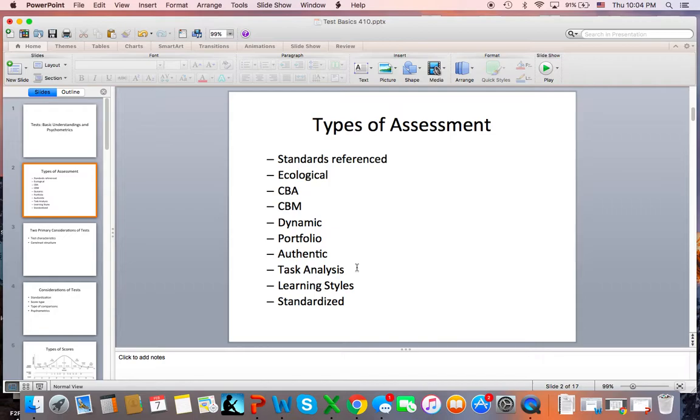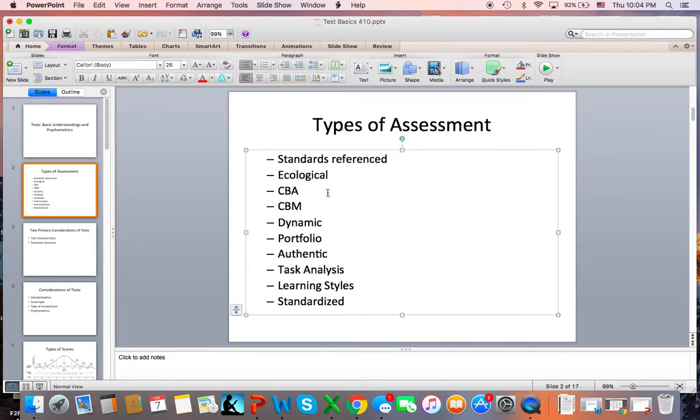Is the lighting good? Is the temperature comfortable? Are the walls clean and organized, or are they cluttered and disorganized? And then also, are there schedules posted? Are expectations for classroom functioning posted? Things along those lines. The next one here is CBA.